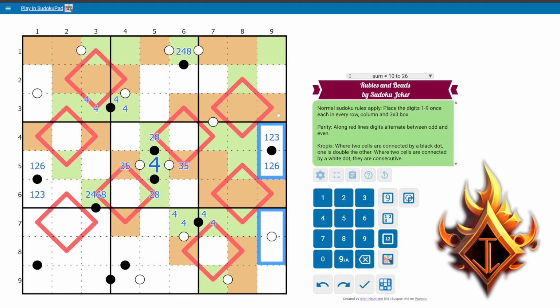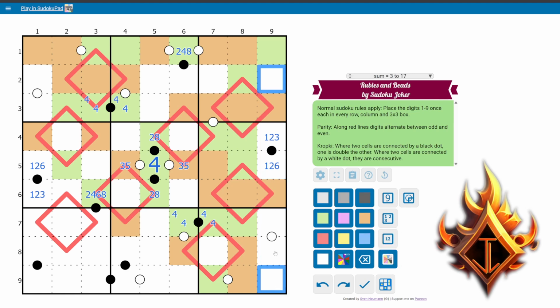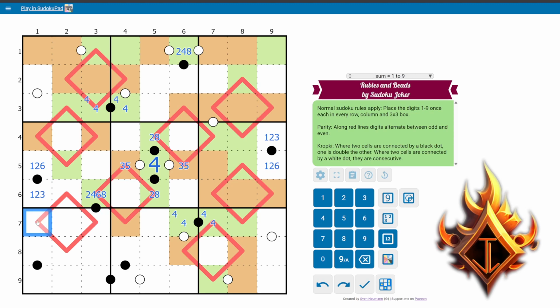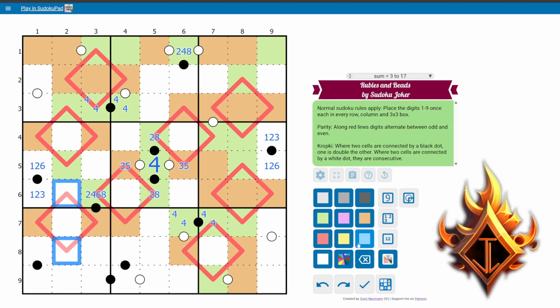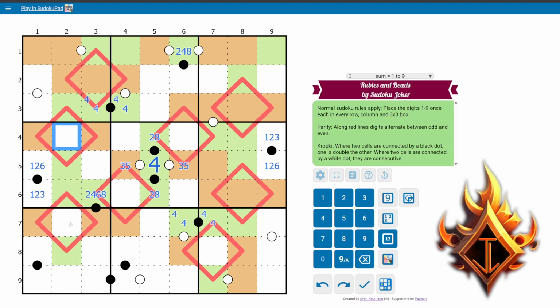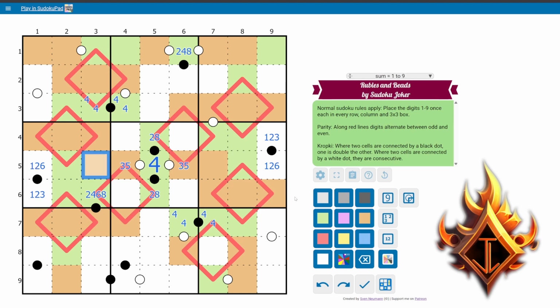That's 3 evens and 4 odds. So this is one of each. 1, 2, 3. 1, 2. These cannot be even now because we have 3 evens there, so they are odd. Those become even. The rest of this column becomes odd. This is one of each, so that one is odd.